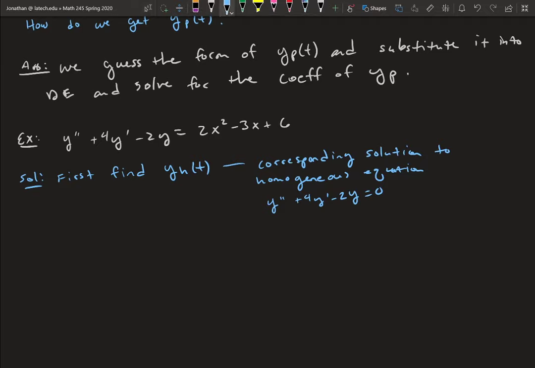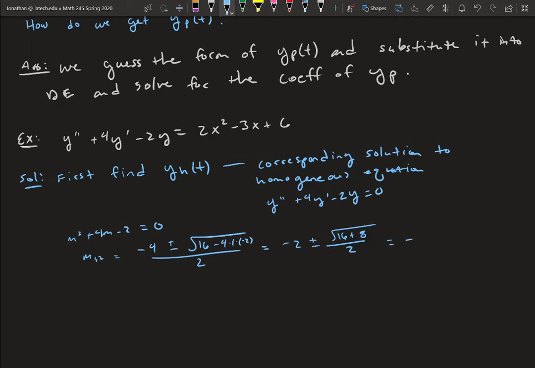And that would be m squared plus 4m minus 2 equals 0. And m1,2 would be negative 4 plus or minus square root of 16 minus 4 times 1 times negative 2, all over 2, which would be negative 2 plus or minus square root of 16 plus 8, all over 2, which is negative 2 plus or minus, I can factor a 4.